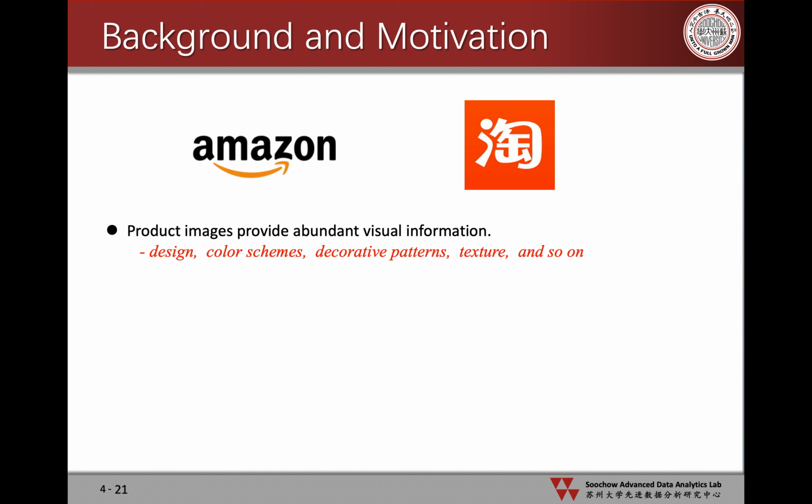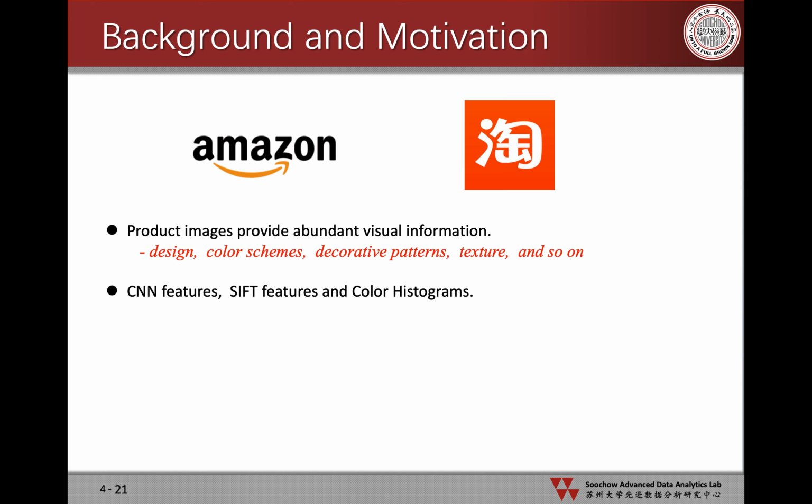Researchers have started to use image data for recommendation with various image features, such as CNN features, SIFT features, and color histograms. These image features contain semantic information to distinguish items and have been proved effective in recommendation tasks.